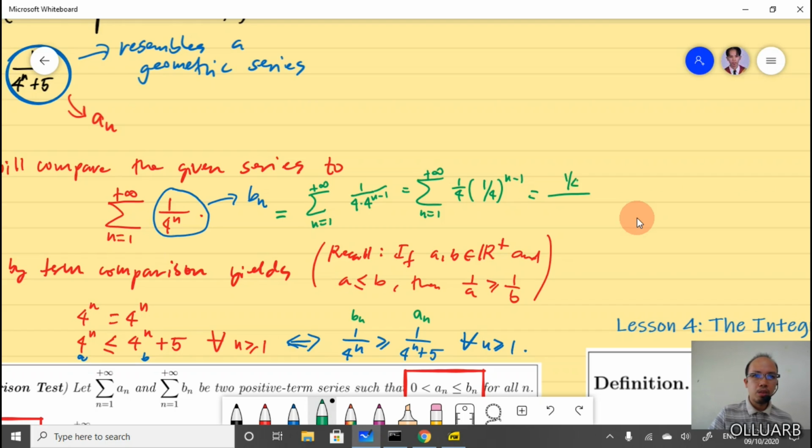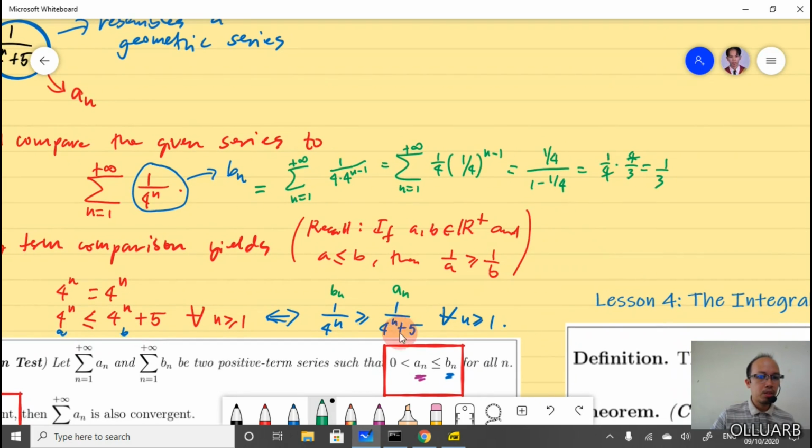So our a is 1/4 over 1 minus 1/4, which is 1/4 multiplied by the reciprocal of 3/4, that is 4 over 3. So we cancel, and we have 1/3. So the sum of this geometric series is 1/3. This is convergent, so by comparison test, we show that this is true.